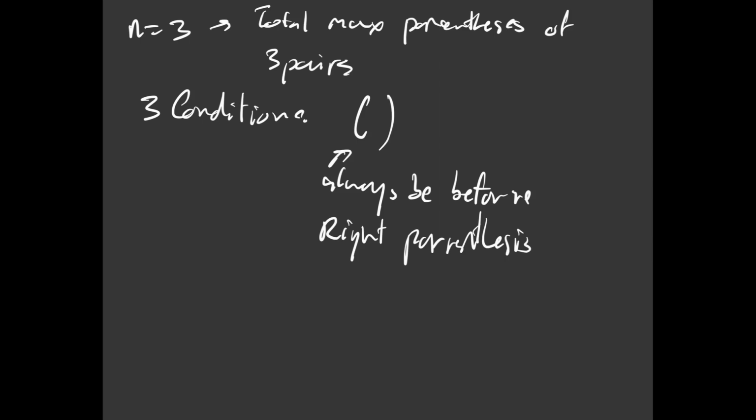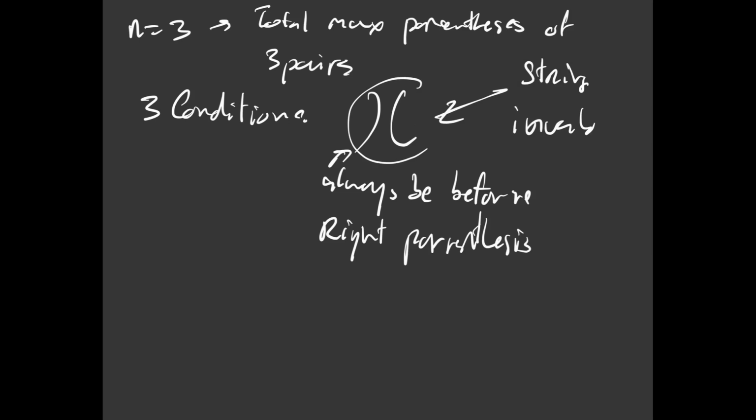Why? Because let's say if you have the right parenthesis, followed by the left parenthesis, then here we can see that the whole string is going to be invalid, right? So that's rule number one.